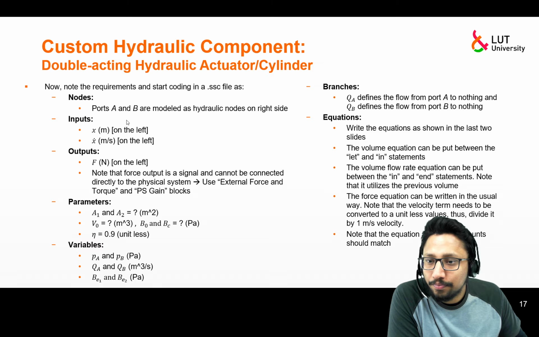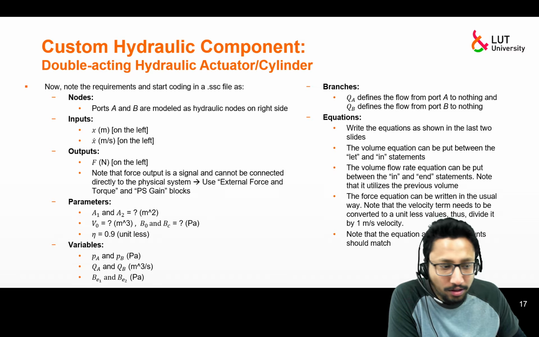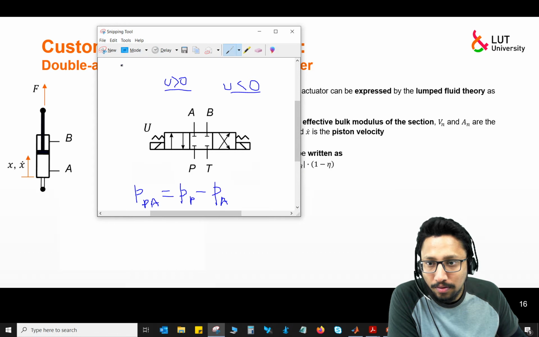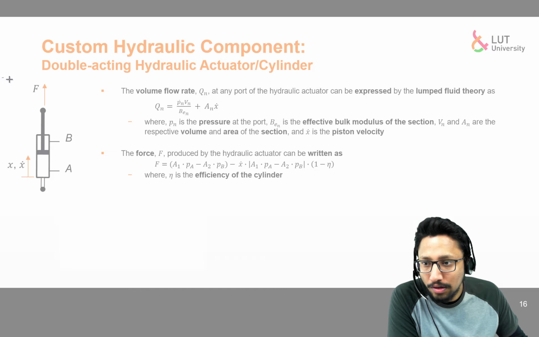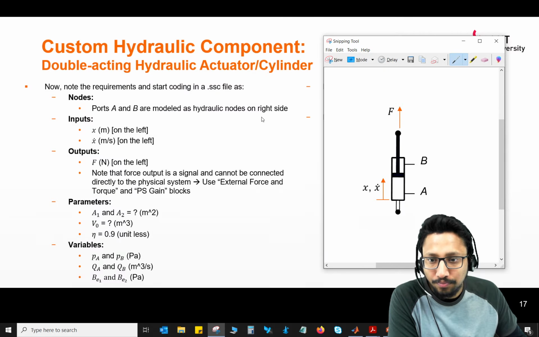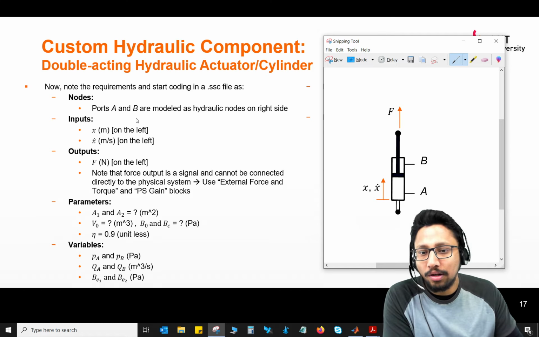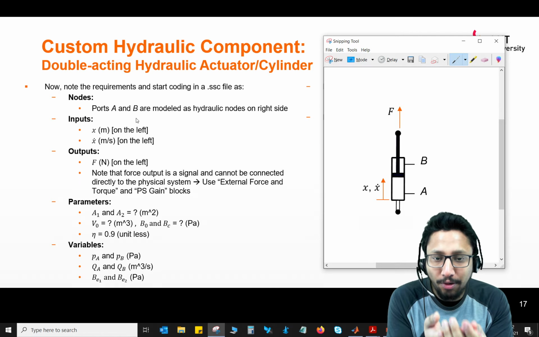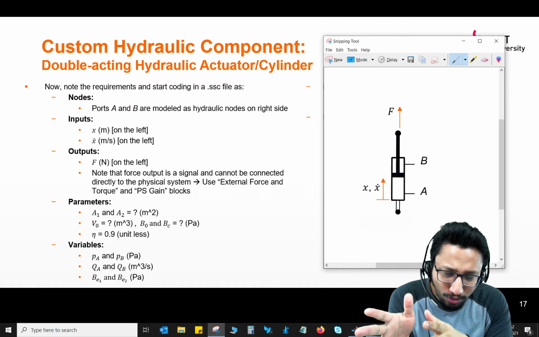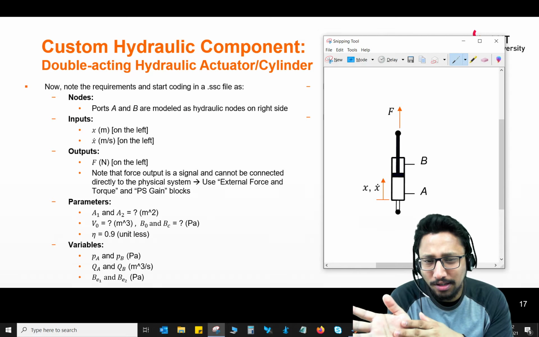So in order to model your double acting hydraulic cylinder using a .ssc file, you need to have ports there. So let me copy this figure so that we are able to understand it carefully. You need to model the ports as hydraulic nodes, which can be on the right side. If you follow tutorial 7, you'll understand what is this right side and left side.